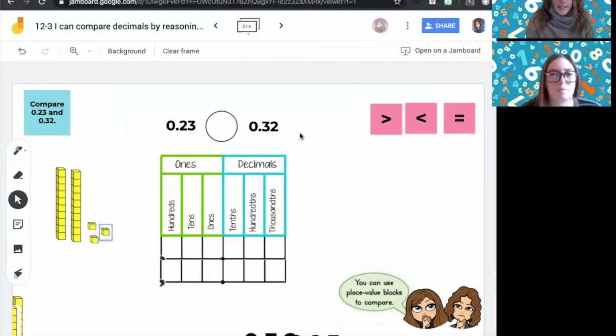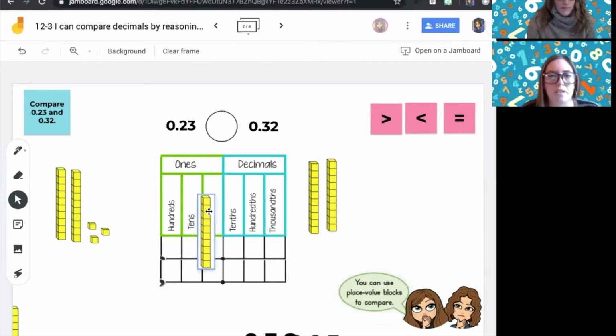What do I need for 32 hundredths? So for 32 hundredths, you're going to need 3 longs for 3 tenths, which would also equal 30 hundredths. And then you'll need 2 unit cubes for 2 hundredths. Perfect, now you have 32 hundredths.